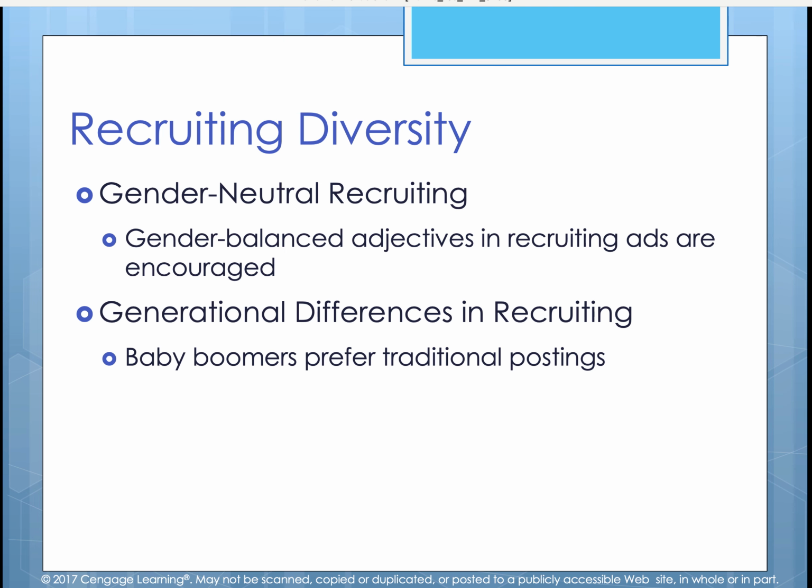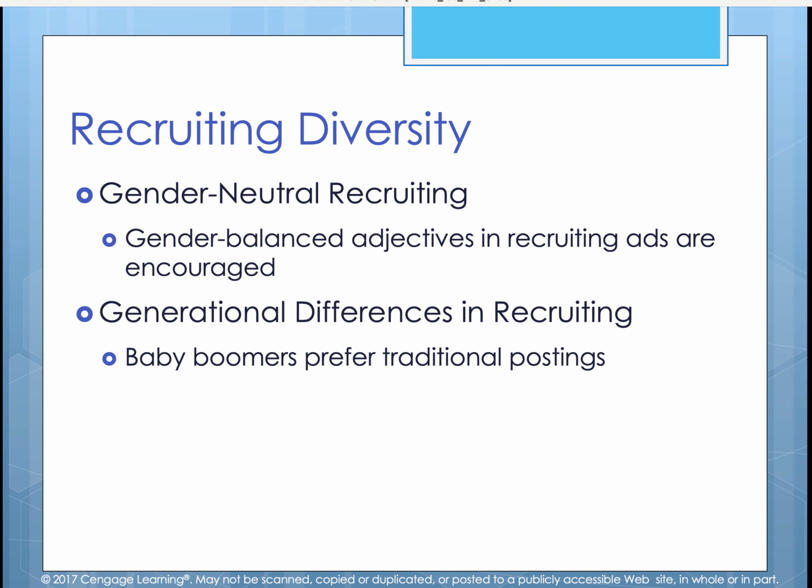Baby boomers, those who were born from the late 30s to 65, are your baby boomers. They prefer traditional postings for the most part.